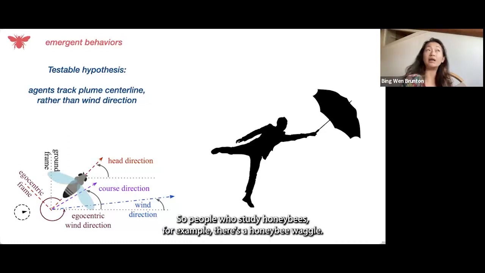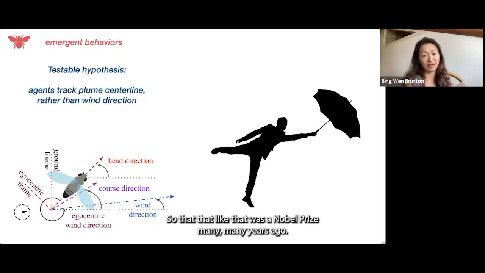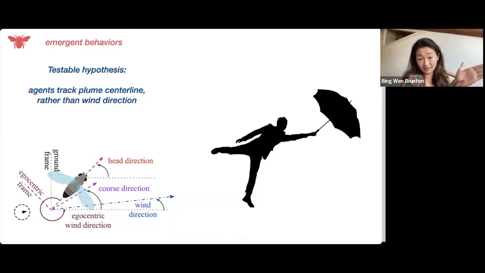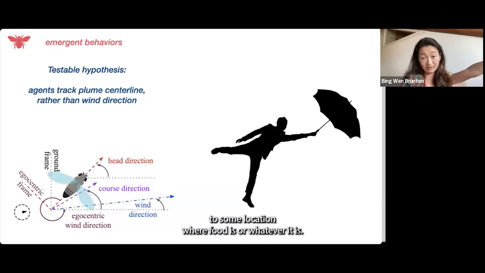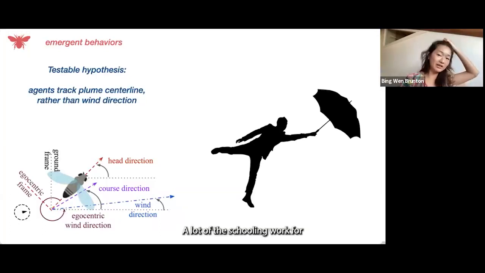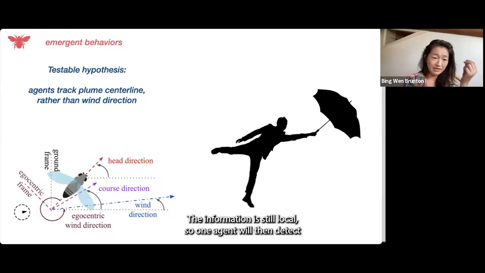So people who study honeybees, for example, there's a honeybee waggle. That was a Nobel Prize many years ago. They communicate something about like the vector distance to some location where food is or whatever it is, right? A lot of the schooling work for fish, for birds, for locusts, the information is still local.